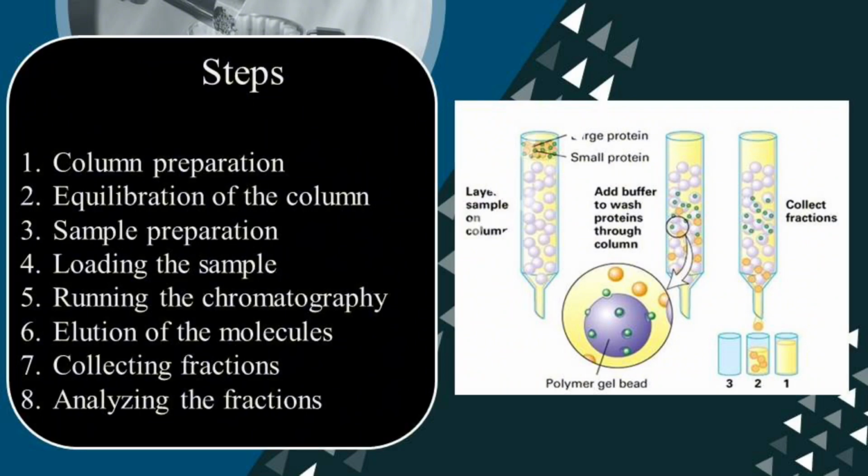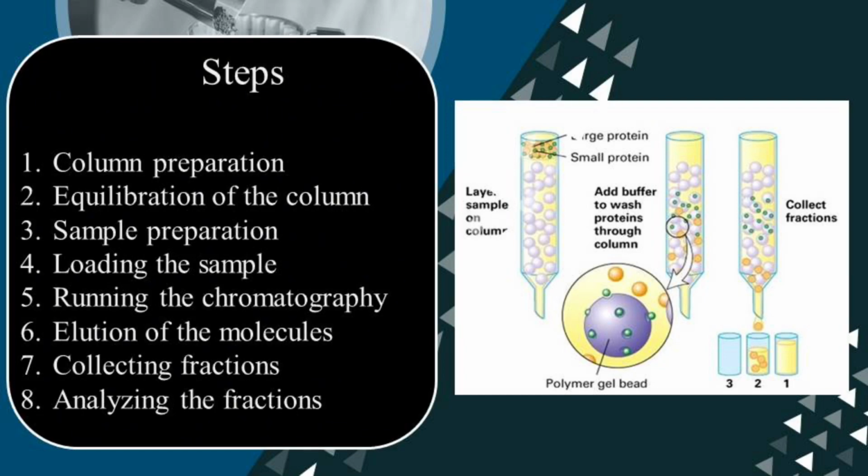After that, the next step is collecting fractions. As the sample molecules elute from the column, they are collected in separate fractions. The eluted fractions are collected in tubes or microplates, with each fraction containing molecules of a specific size range.